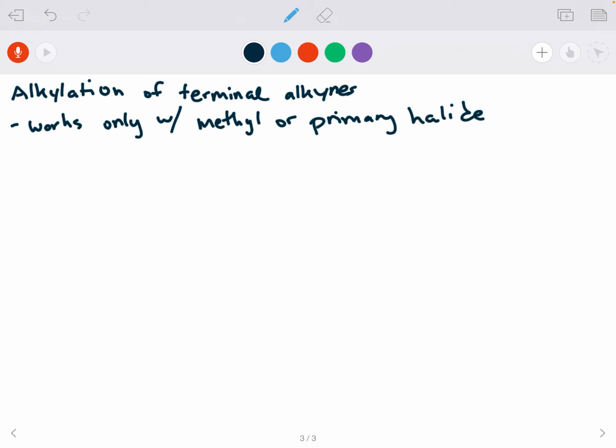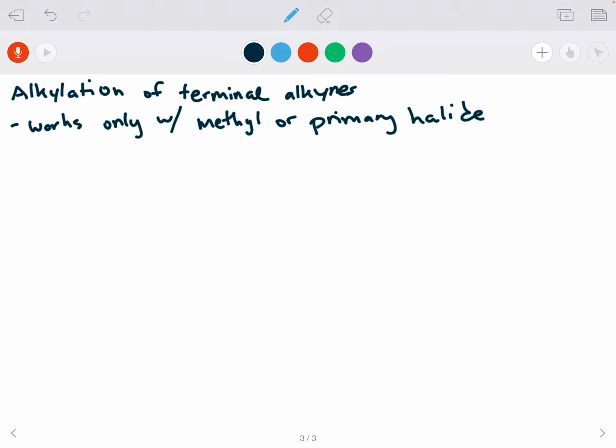So the first step, and this is very different from anything you would see with either an alkane or an alkene reaction in terms of the carbons and the hydrogens, is that we're actually going to make the alkyne into an ion, which you can't really do with alkenes or alkanes because it would just be too unstable for the carbon, right?